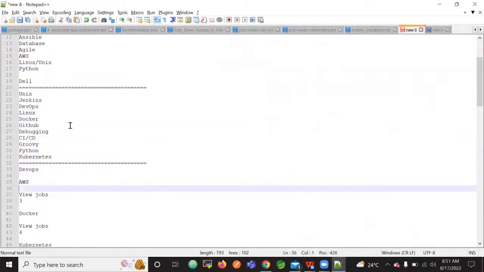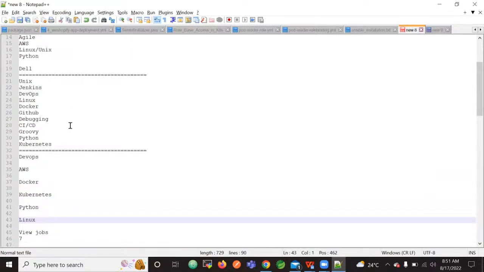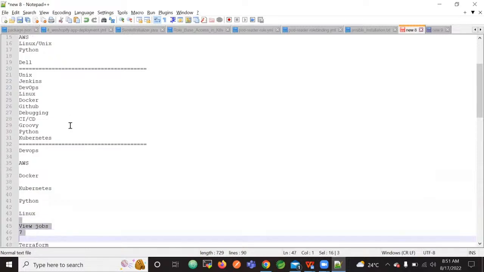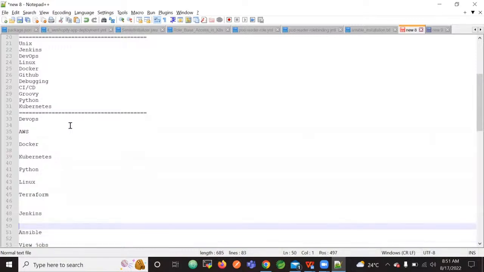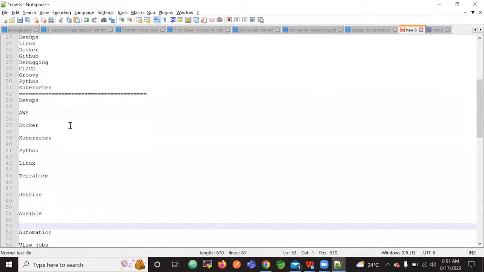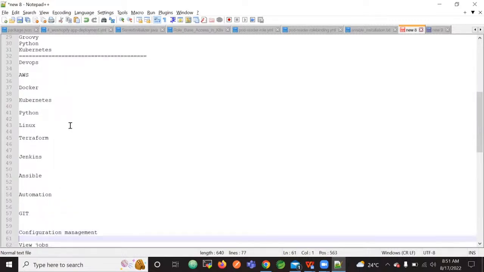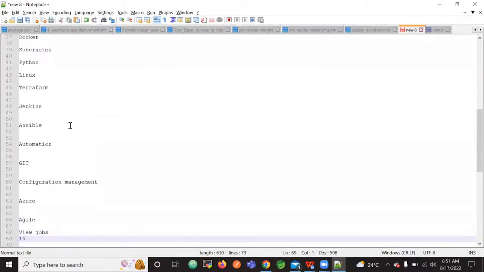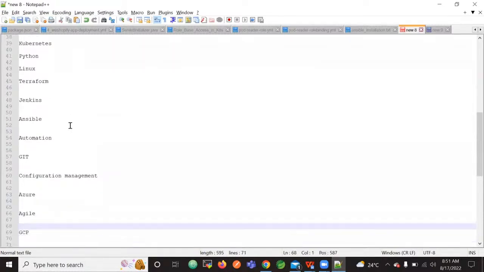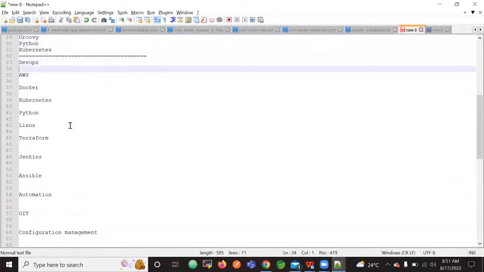DevOps, AWS, Docker, Kubernetes, Python, Linux, and Terraform, Jenkins, Ansible, automation, Git, configuration management, Azure, Agile, GCP. This is the skill set they are expecting.